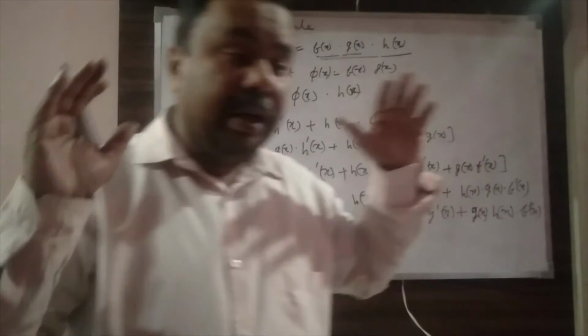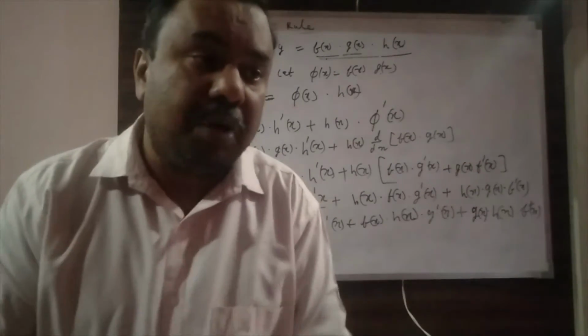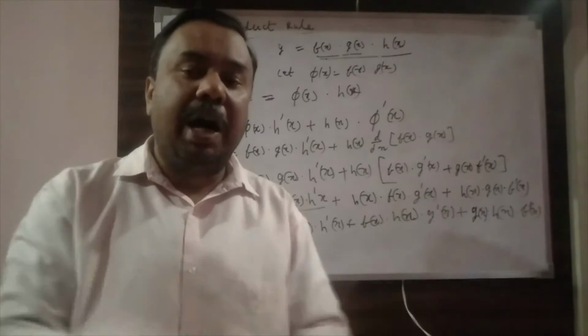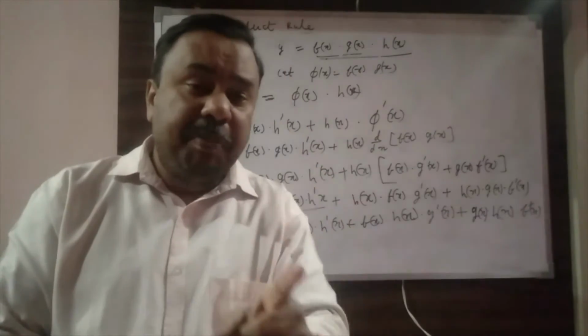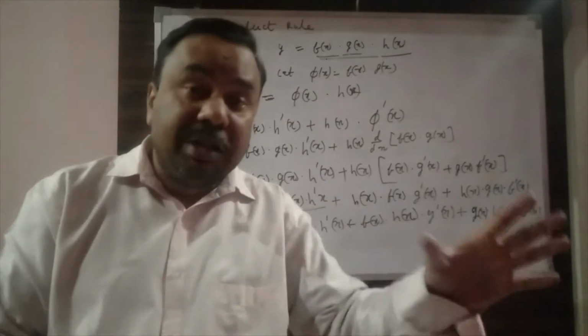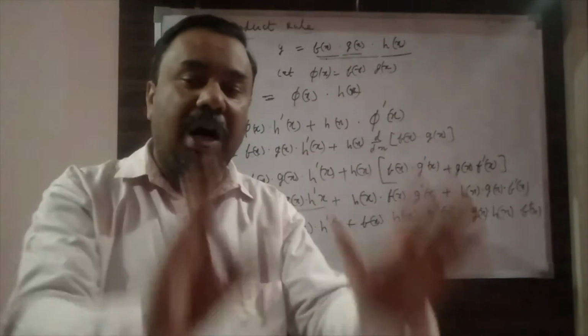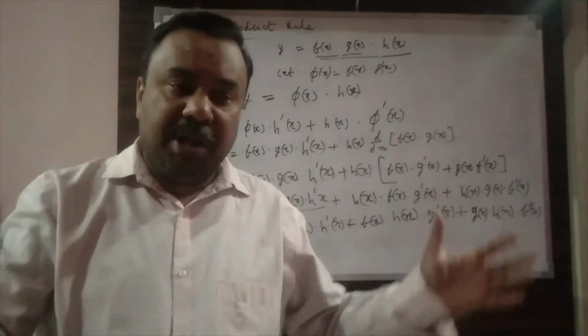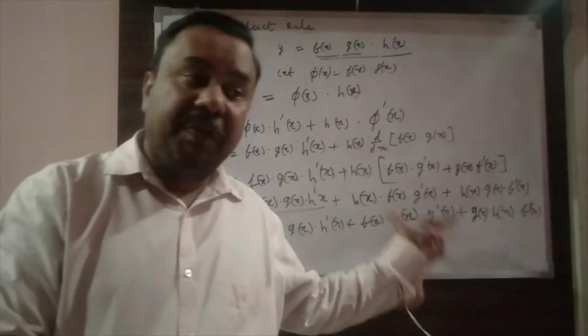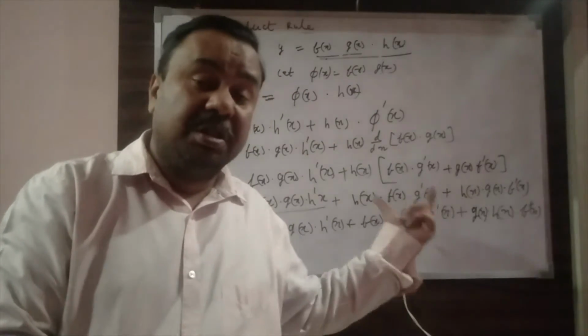So let the function be a product of three functions, let it be four functions, let it be 100 functions. Just keep on differentiating one by one in each term and the other terms as they are. Keep them there, multiply them, and you will be getting the differential coefficient of a product of any number of functions.